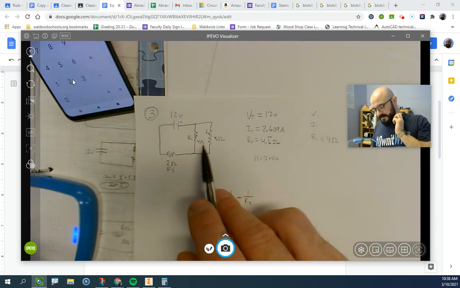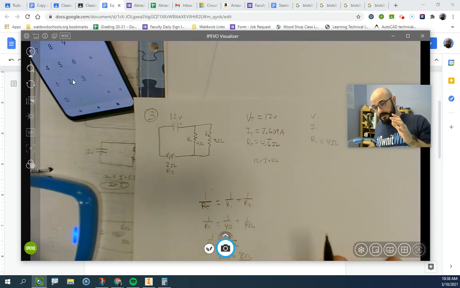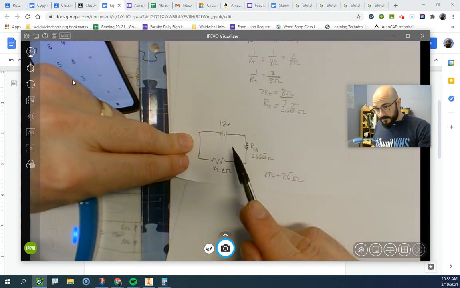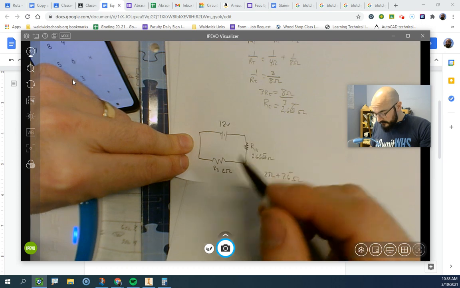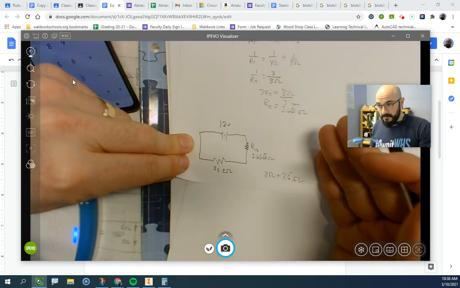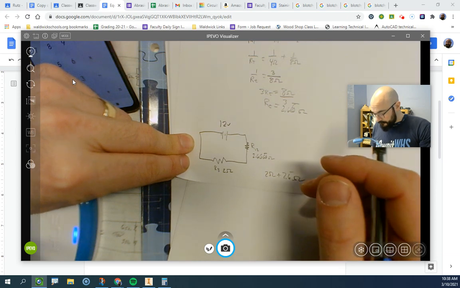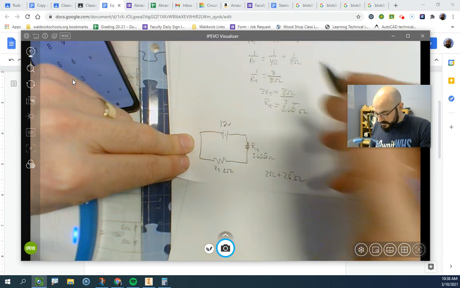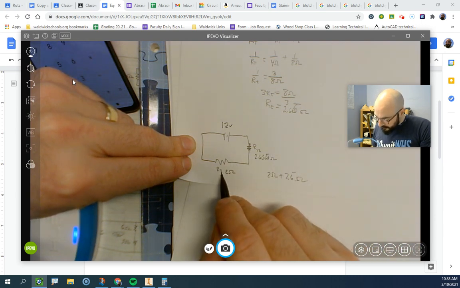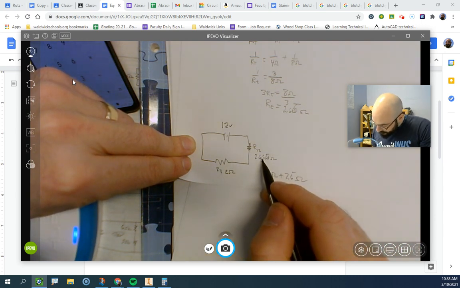Now, when things are in series and things are in parallel, things act differently. So let's just focus on our series. In series, the voltage is shared based on the ohms. In parallel, the voltage is the same. So let's find out what our voltages are for V3 and then V1,2.